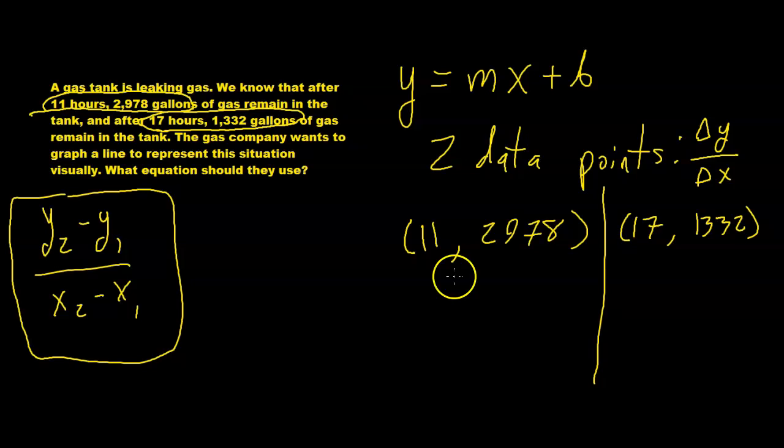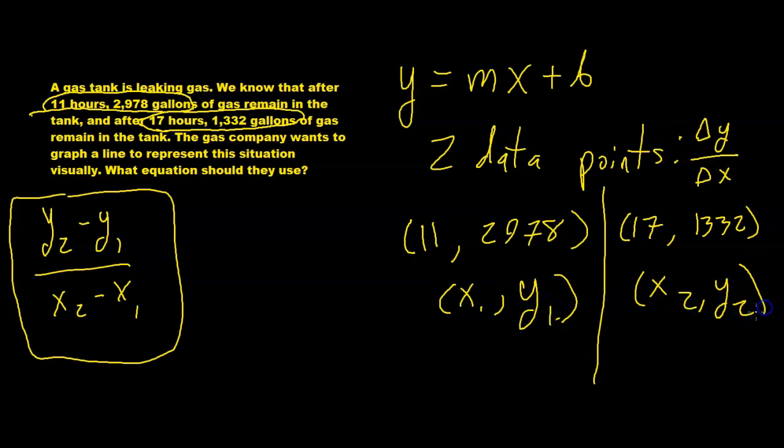Remember, our x1, y1 is always going to be the point with the lower x value. This should be x1 comma y1, and this should be x2 comma y2, right?